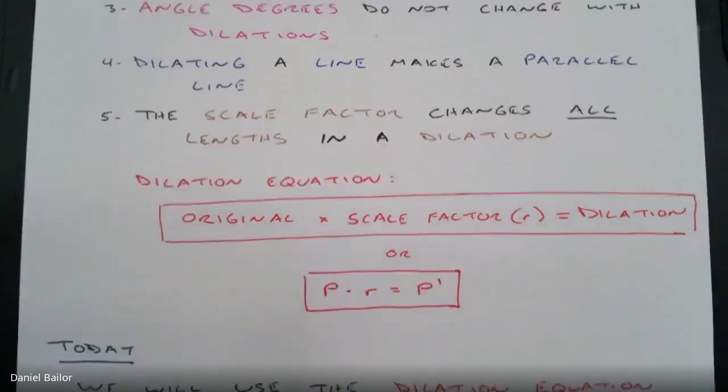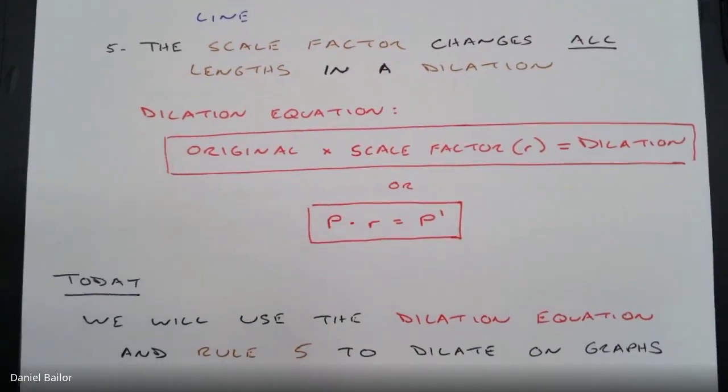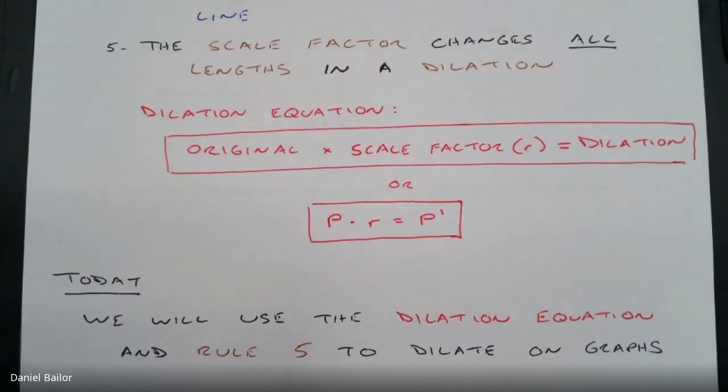So today, what we're going to do is use the dilation equation and Rule 5 that is still on your screen up here to dilate figures on graphs. So those are the notes today.